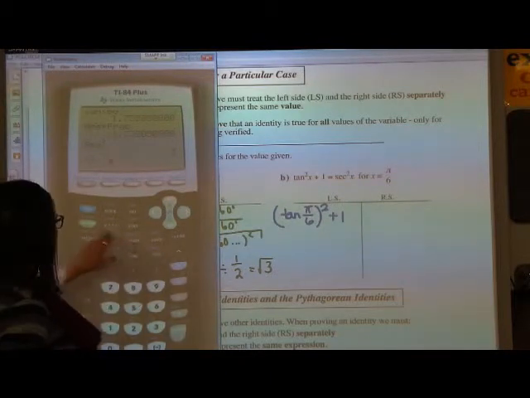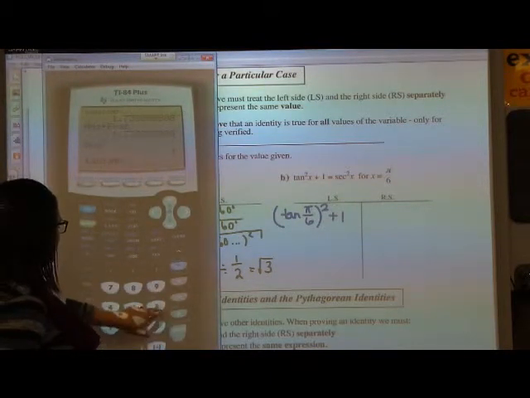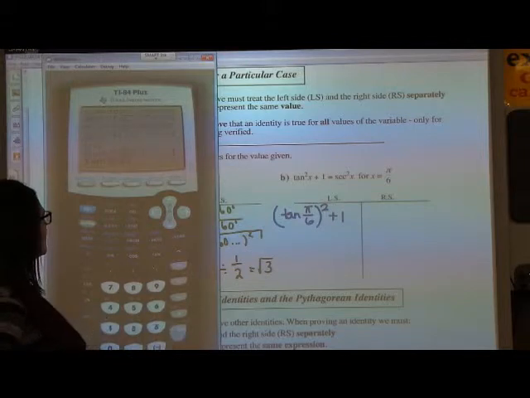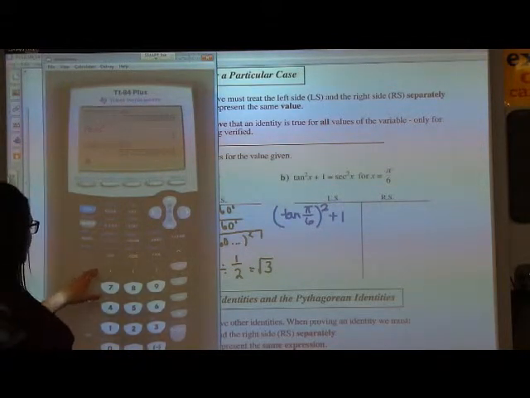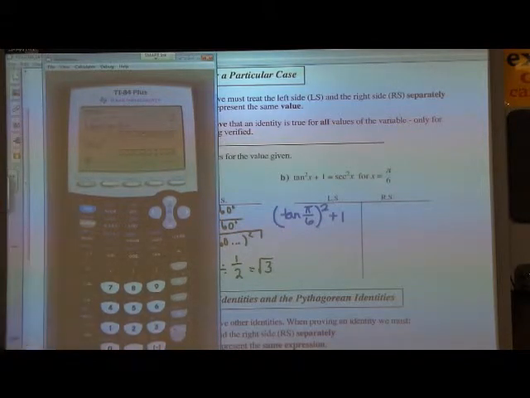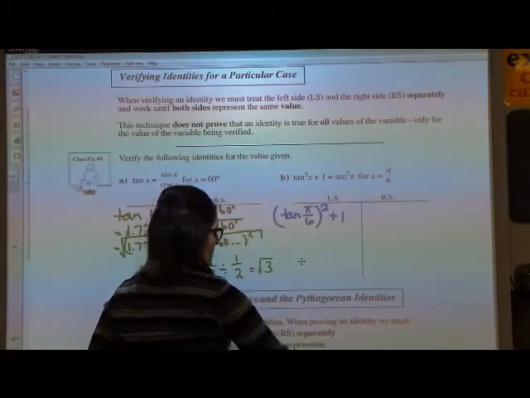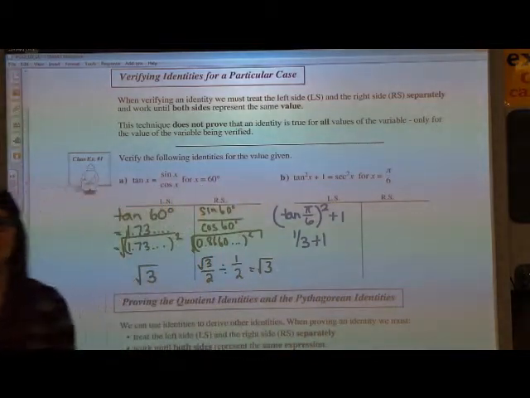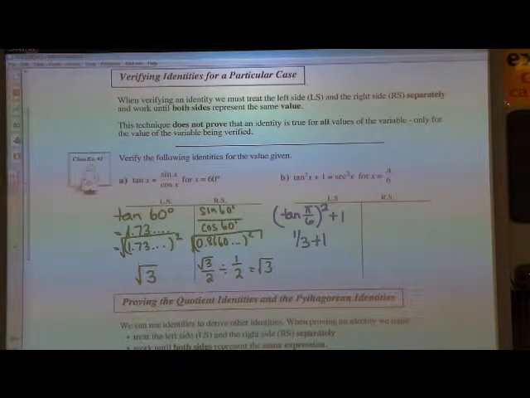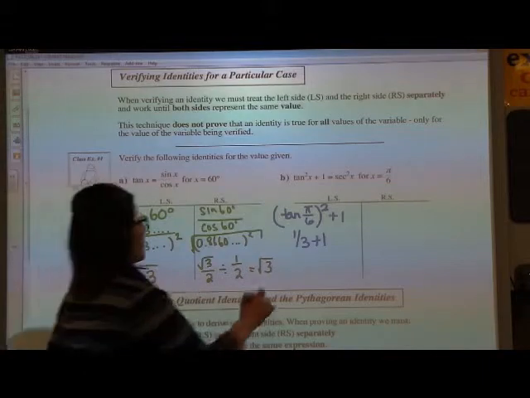So tan pi over 6, and then I square that. And I get 1/3. And if I add 1 to 1/3, what do I get? 4/3. Okay?